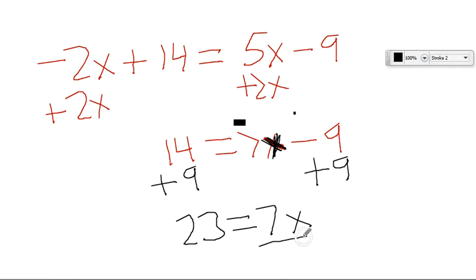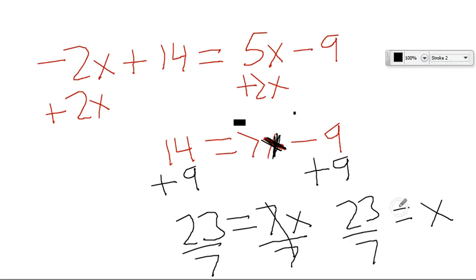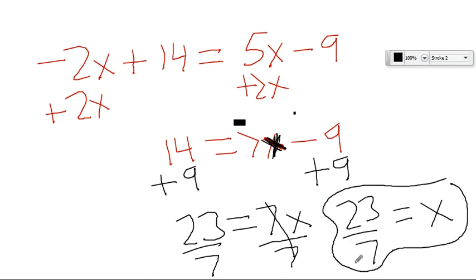And then to get rid of the multiplication of 7, we use division. Sorry, that's supposed to be a 7, not a 2. So our solution is 23 over 7. And this is, in fact, a fraction answer.